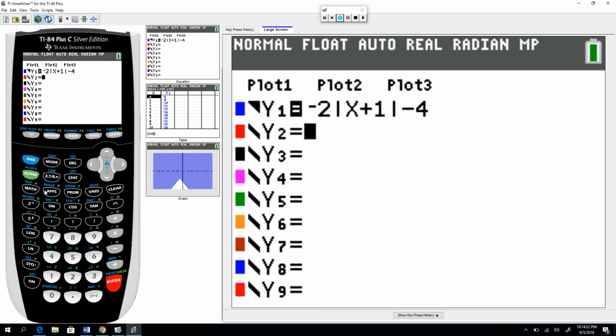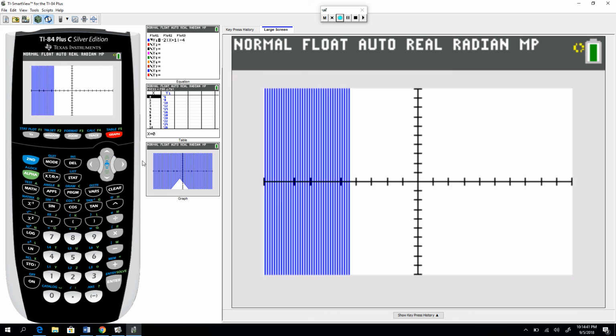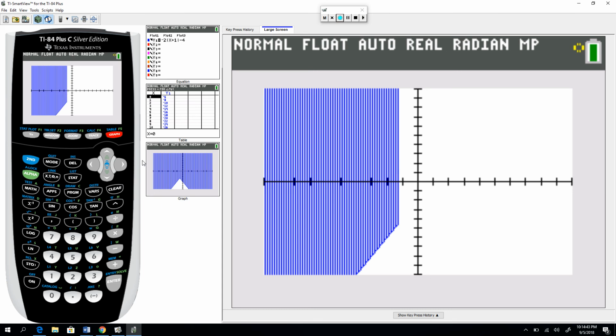Now, I have apparently played around with this equals sign. I've gone up here and said, you know what, I'm going to do a greater than to show the shading. So let me show you what that looks like. You can actually make your graph shade for you if you bother. So look at that.